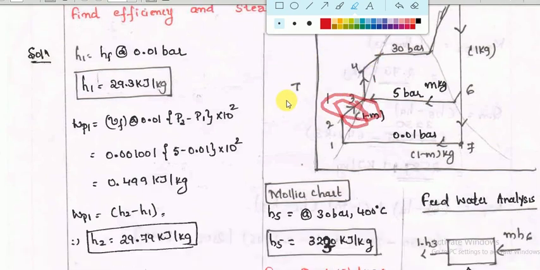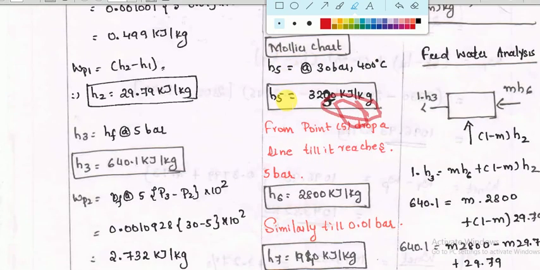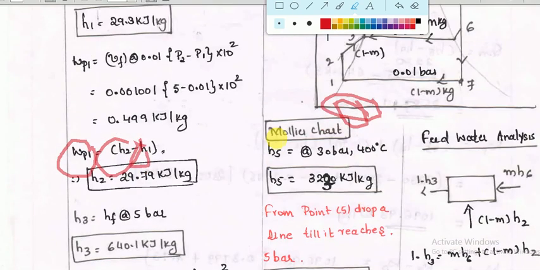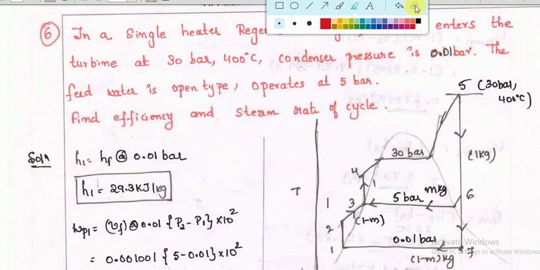Next we need to find the value of H4. To find H4, we need to know the amount of work done by the pump. We know the formula for the work of the second pump: Vf at a pressure of 5 bar, into P3 minus P2.